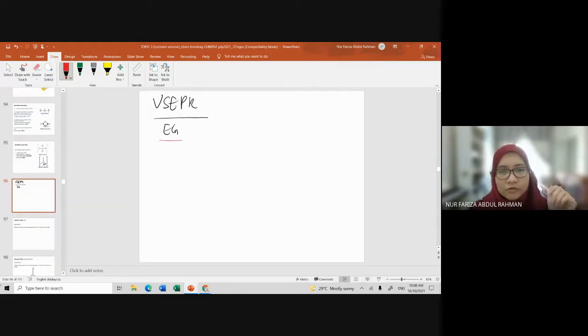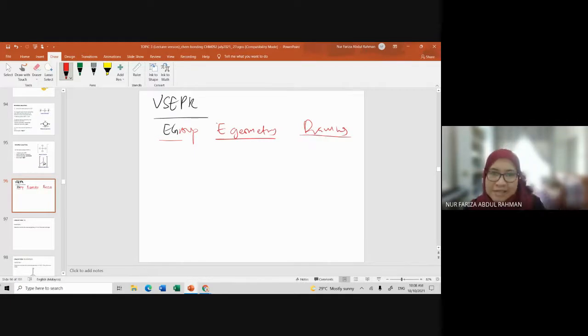This is the electron group. This is the electron geometry. And this is your drawing, how you should represent your electron geometry and molecular geometry.